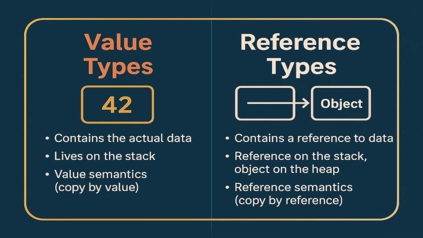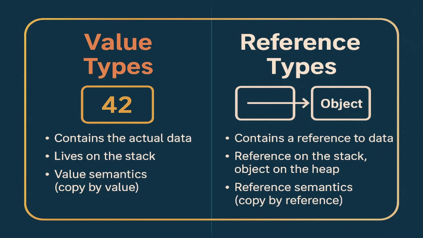Now in this diagram, the left hand side represents the value types and some of their key characteristics, and the same for the reference type. As the name suggests, a value type directly contains its data. Think of it like a physical box holding a specific number, a character, or a boolean value.